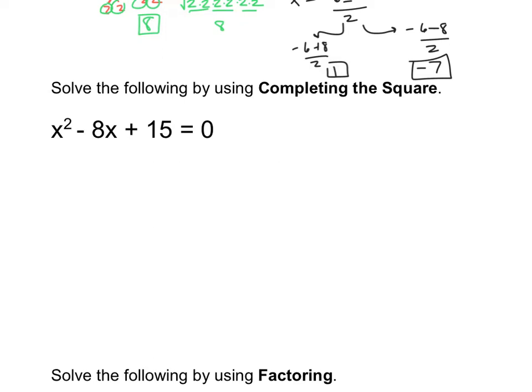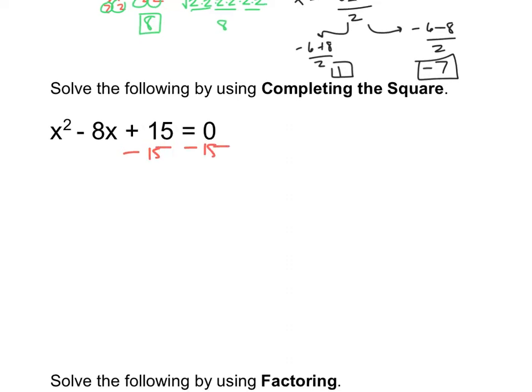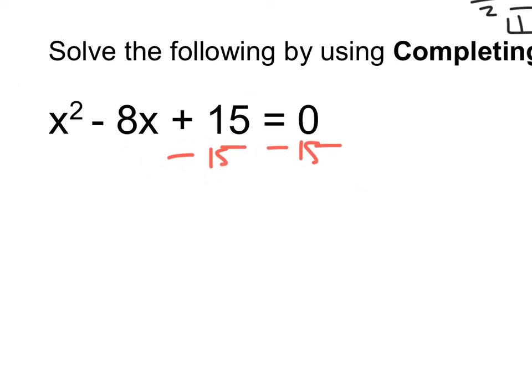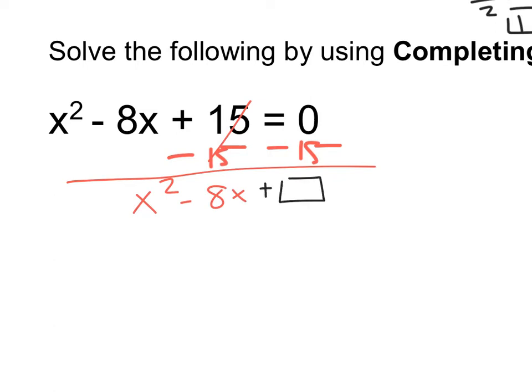To get rid of the positive 15, we subtract 15 from both sides. My 15s cancel. So I get x squared minus 8x plus a square equals negative 15 plus a square. And if you remember in that video, we just draw our diamond.